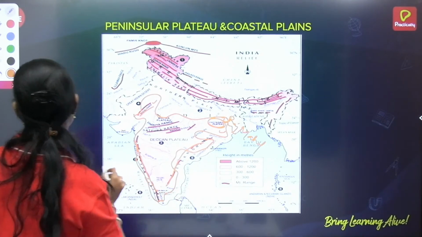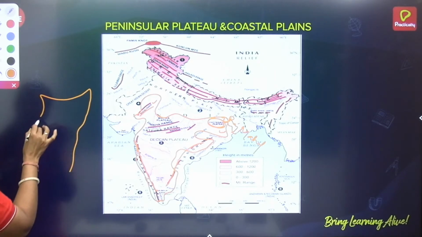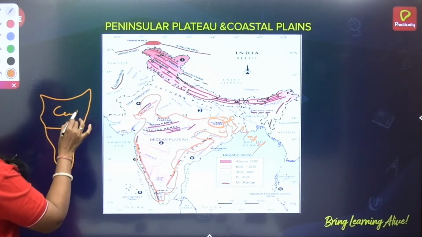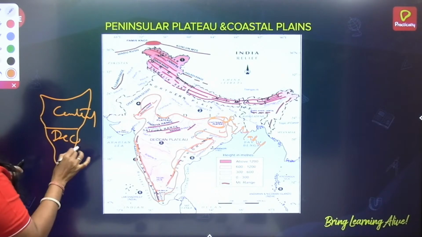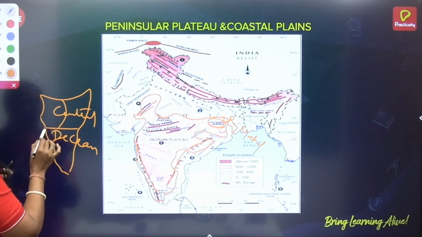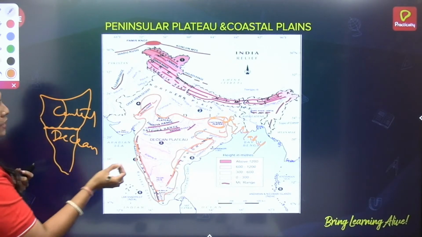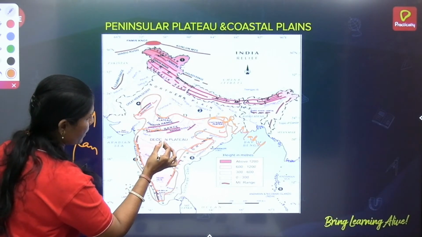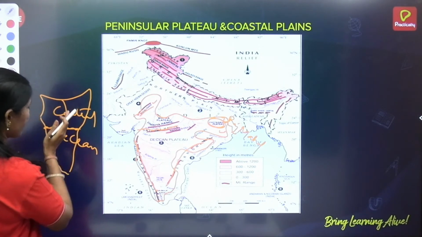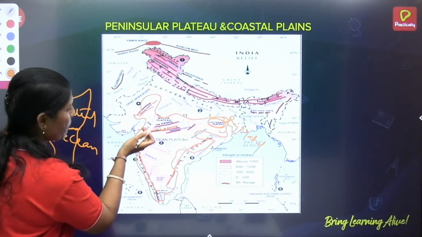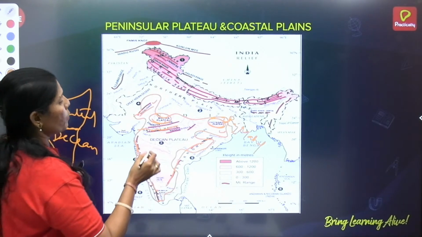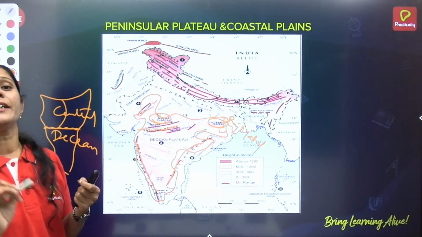Okay, so when you come to the deep structure of the plateau, the plateau is basically divided into two parts. The upper region is called the Central Plateau and the lower one is called the Deccan Plateau. The Central Plateau and Deccan Plateau are divided by the Narmada river. You can see over here the Narmada river is flowing. The upper part of this Narmada river we call the Malwa, whereas the bottom one is called the Deccan Plateau.